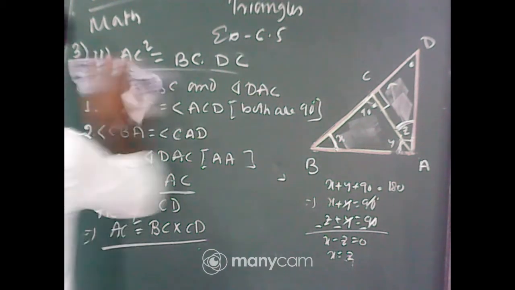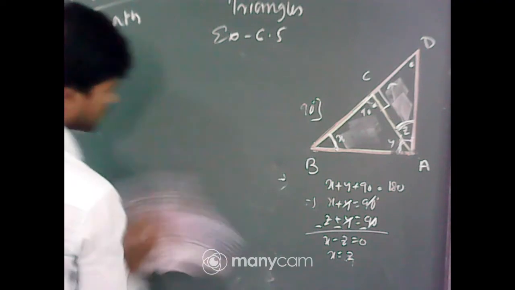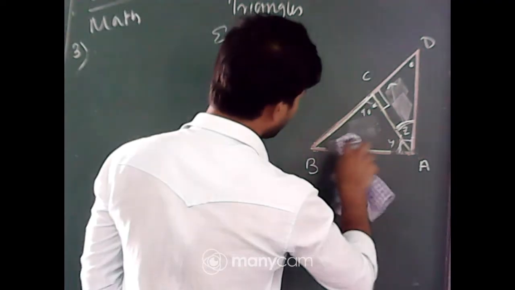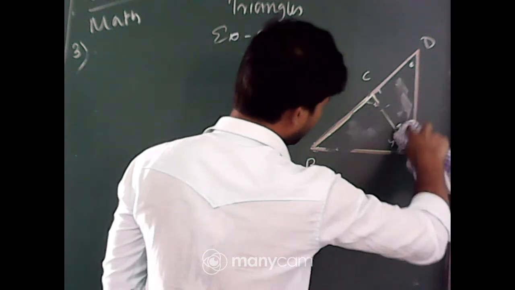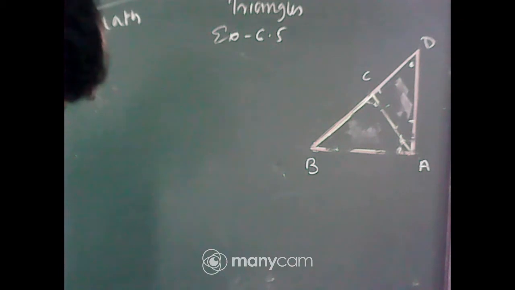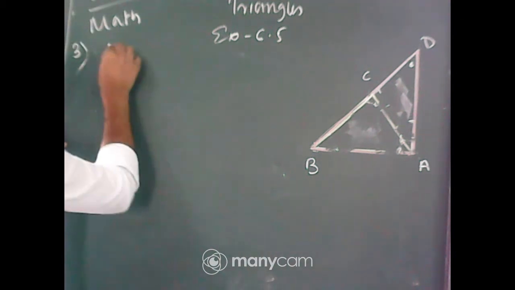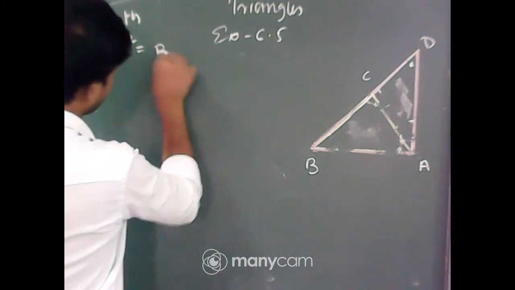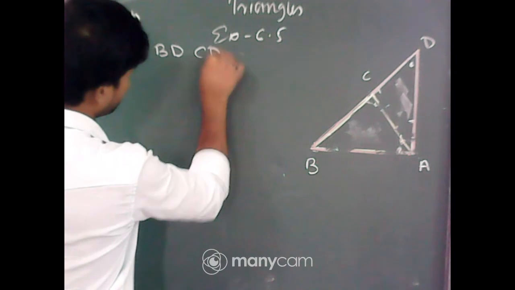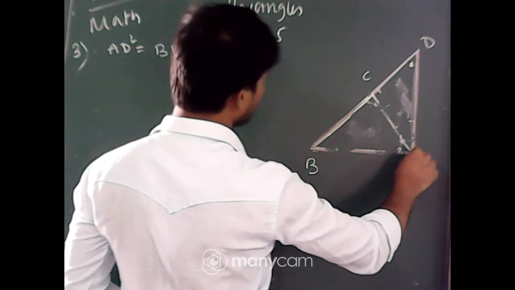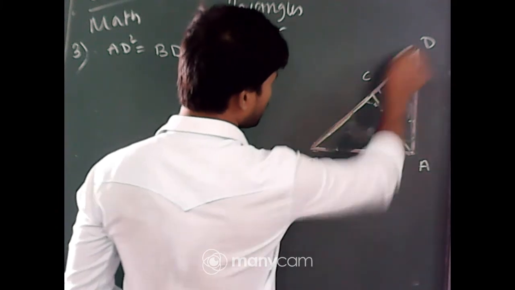I'm rubbing this again. Now here we have to prove AD square equal to BD into CD. So this side square is equal to BD into CD.